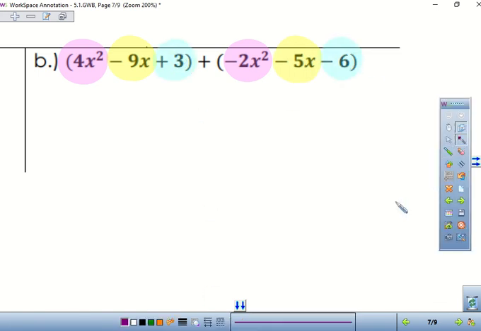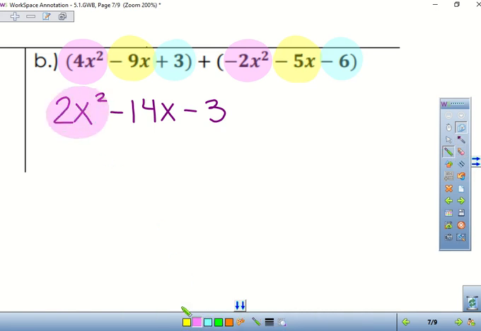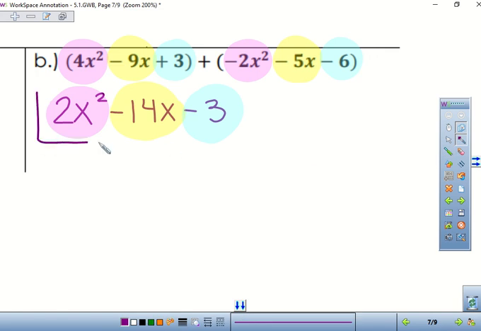These are the ones that we're going to be able to combine. So we end up with 2x squared minus 14x, and that's going to be minus 3. So that's where I got those from. And that's going to be our final answer. You can just leave it just like that.